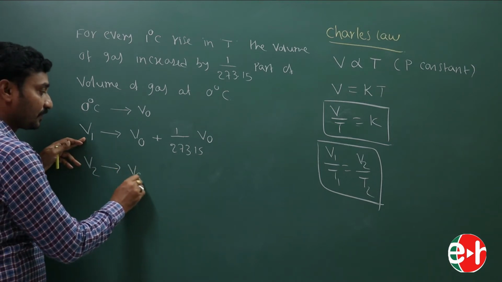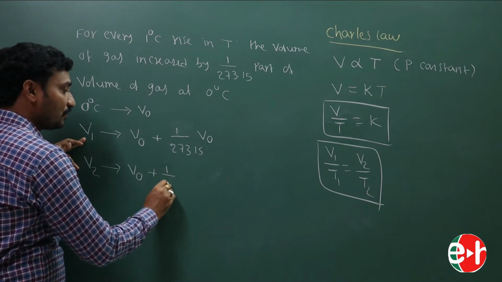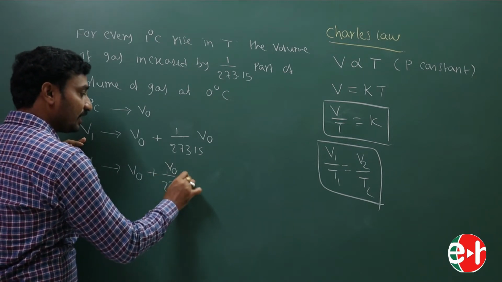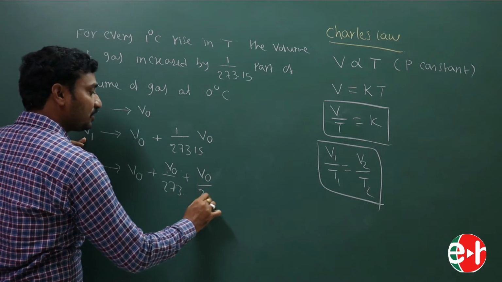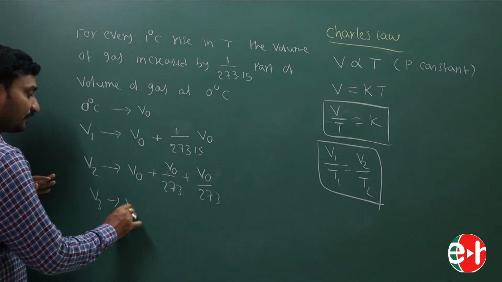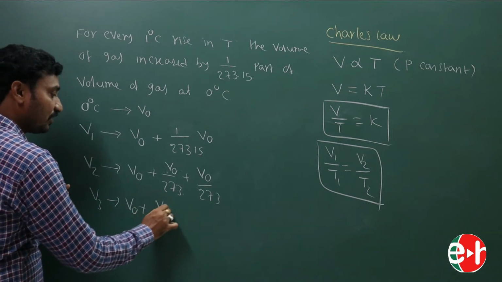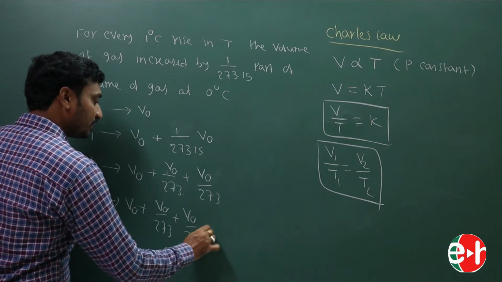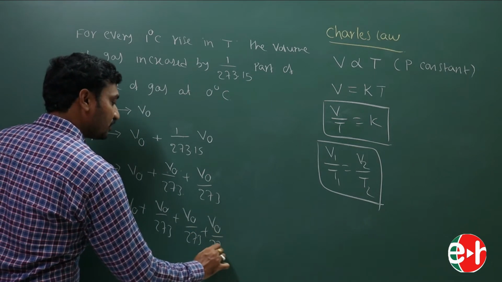Again V0 plus 1 by 273 V0, again a 1 by 273 part increases at V2. V3 is V0 plus V0 by 273 plus V0 by 273 plus again V0 by 273.